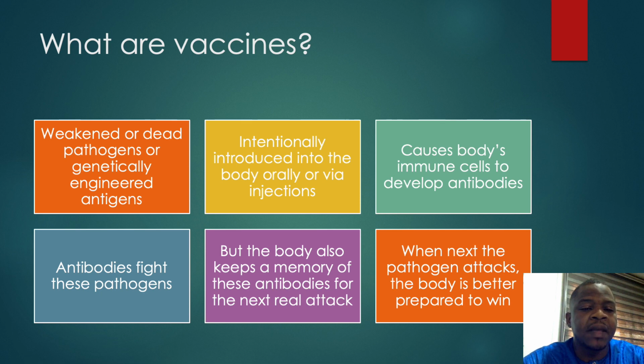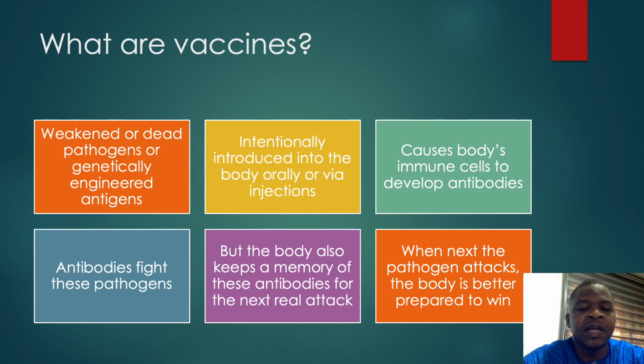But then one special thing about the body immune system that vaccines utilize, which I think is the basis of immunization, is the fact that the body then keeps a memory of these antibodies for the real next attacks. That's when an infection happens.